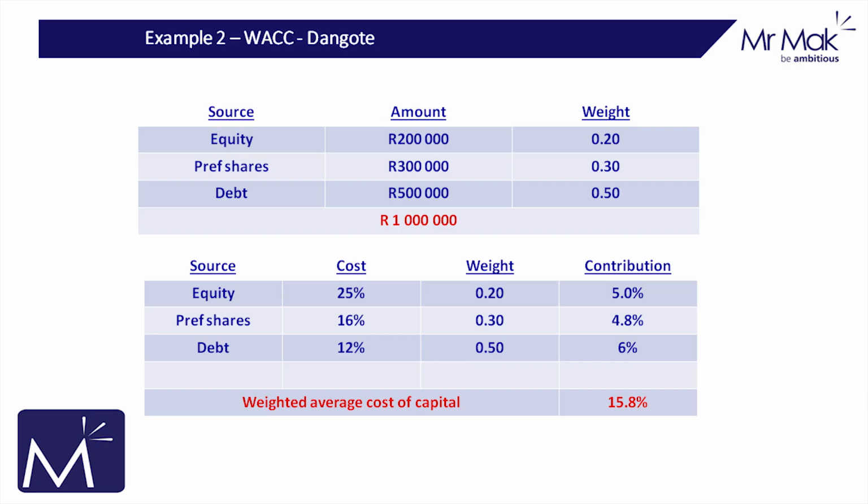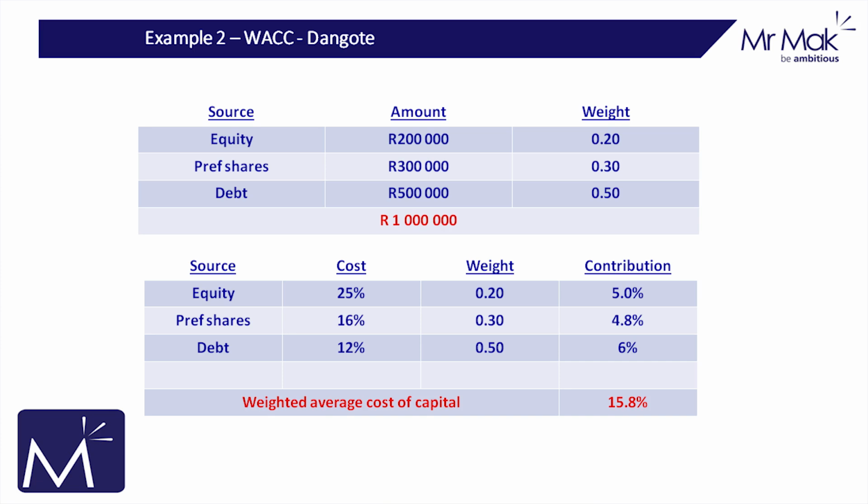Now, if we multiply the cost of capital of each tranche by its weighting, it's going to give us the following contributions. The equity will be 25% multiplied by the 0.2 weighting, and that's going to result in a contribution of 5%. The preference shares will be 16% multiplied by a 0.3 weighting, resulting in a contribution of 4.8%.